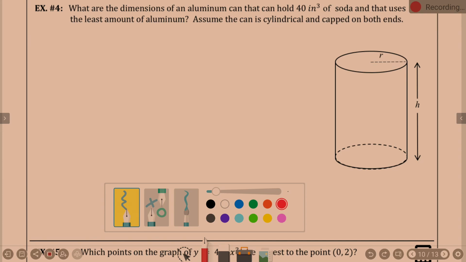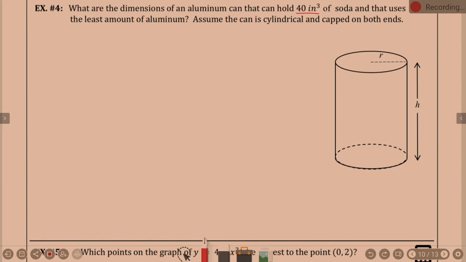What are the dimensions of an aluminum can that can hold 40 cubic inches? Is that where you're getting volume from? Yeah. Okay, so we know this can hold 40 cubic inches. I'm going to go ahead and put that over here. We know volume is 40 cubic inches, yes?